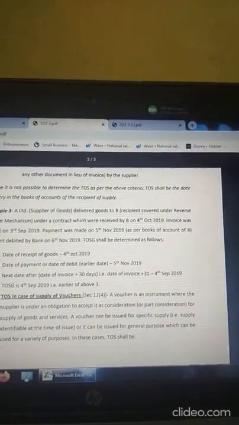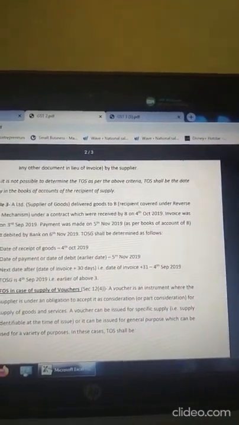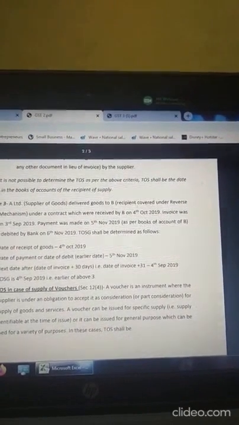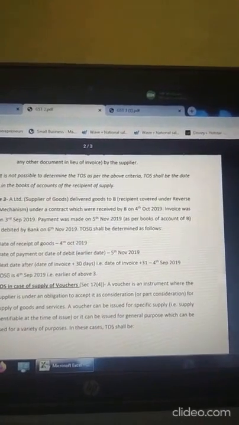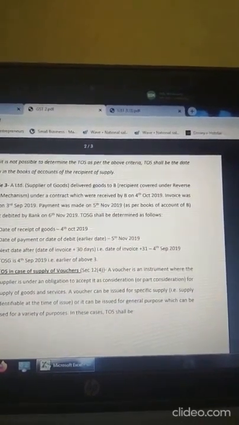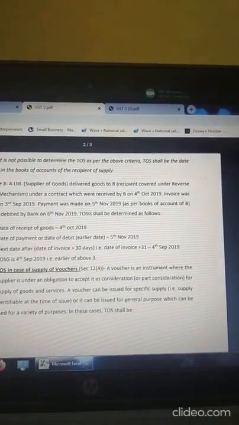For example, A Limited delivered goods to B under a contract, which were received by B on 4th October 2019. The invoice was issued on 3rd September 2019. The payment was made on 5th November 2019. The amount was debited by the bank on 6th November 2019.